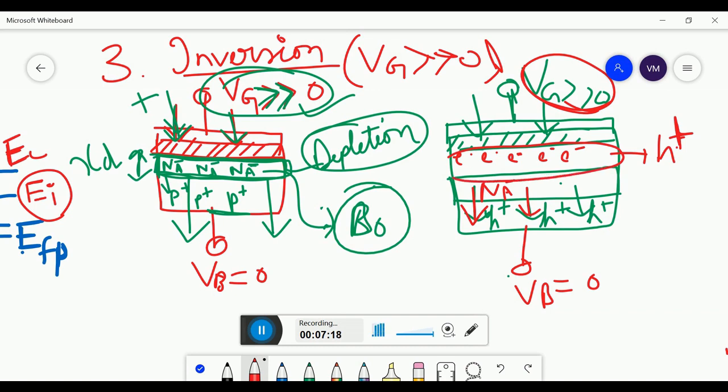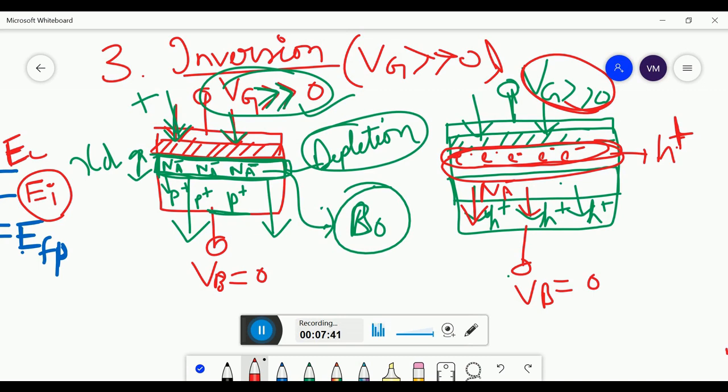So whatever electrons are present inside the p-type semiconductor, and definitely there are electrons, those are minority charge carriers. So all those minority charge carriers got accumulated at the surface of the silicon.